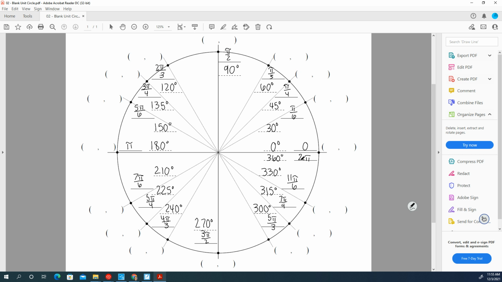So that is how you can easily fill this out.